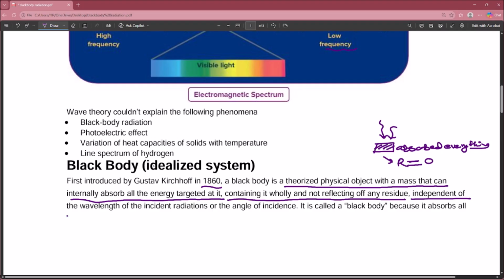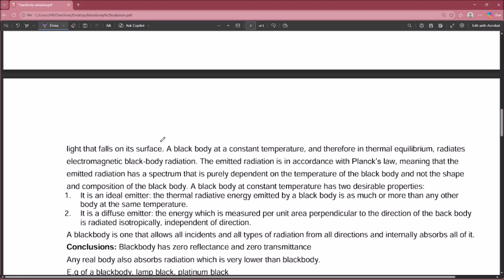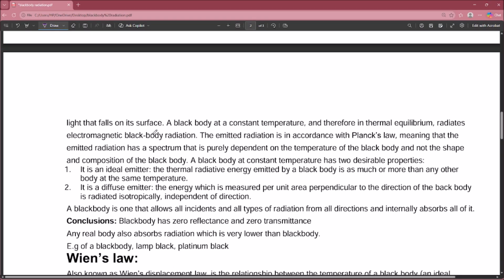Independent of the wavelength of the incident radiation and the angle of incidence, it is called a black body, and this phenomenon is called black body radiation. The body is called black because it absorbs all light that falls on the surface.